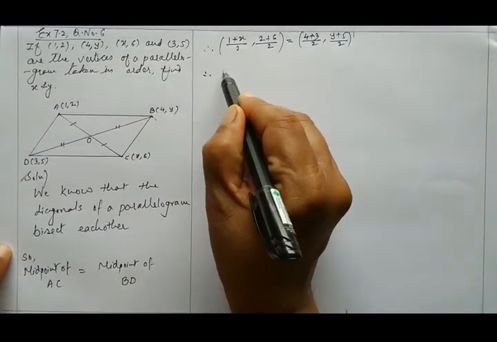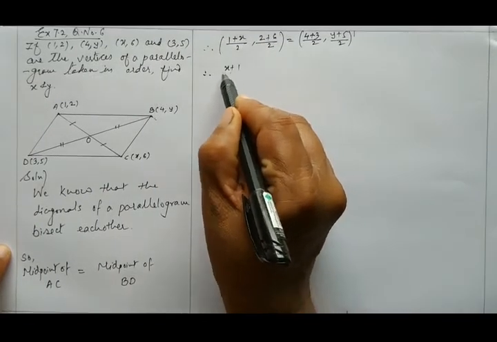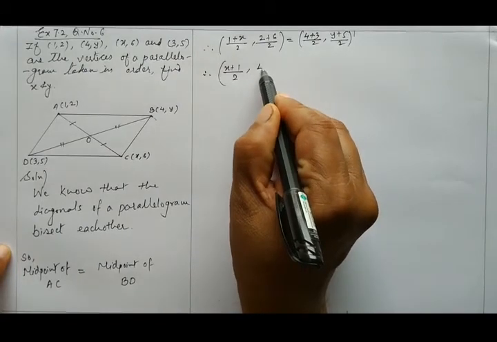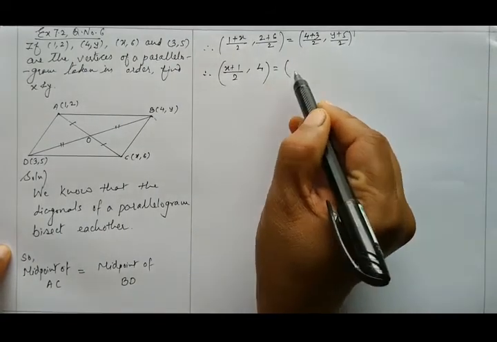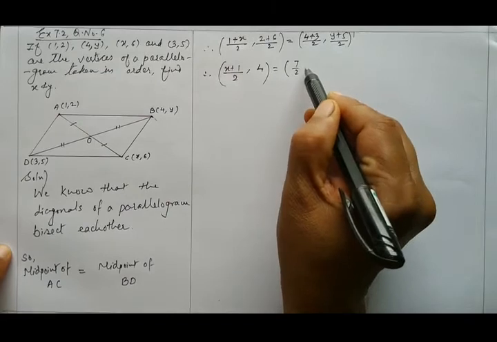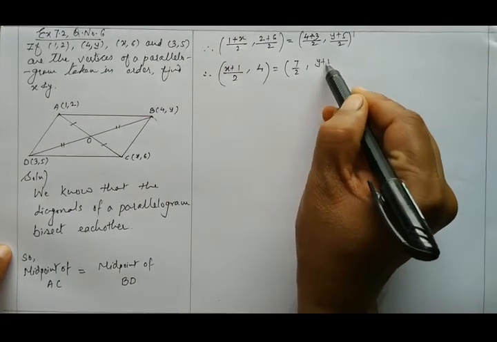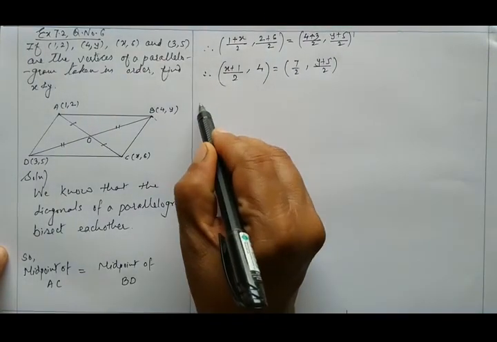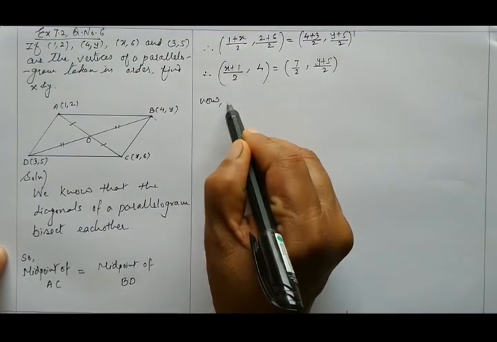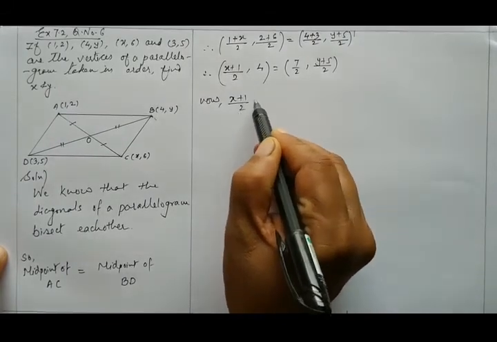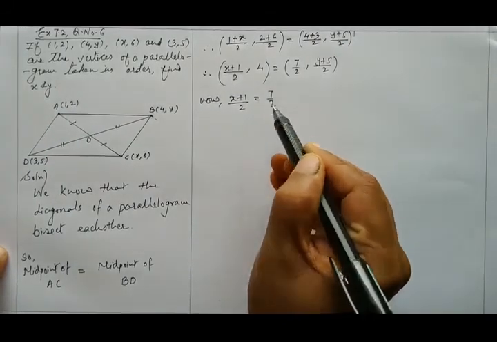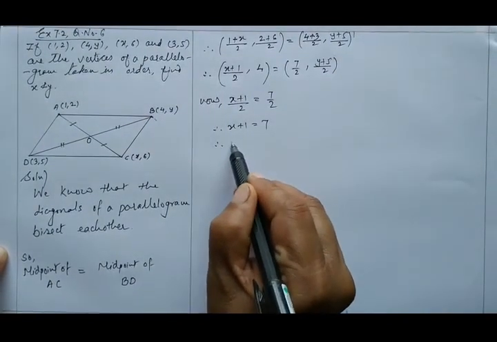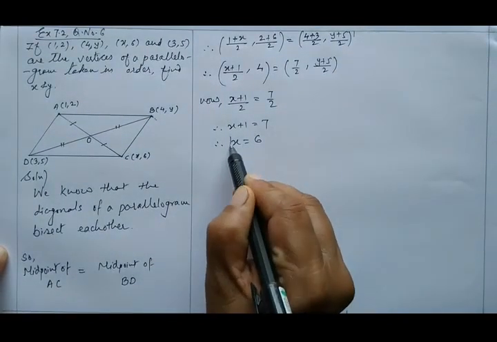Okay, so (x + 1) upon 2, and (2 + 6) upon 2, 8 upon 2 means 4, is equal to (4 + 3), means 7 by 2, comma (y + 5) by 2. Now compare this. (x + 1) by 2 is equal to 7 by 2. Therefore x + 1 is equal to 7 and x is equal to 6.